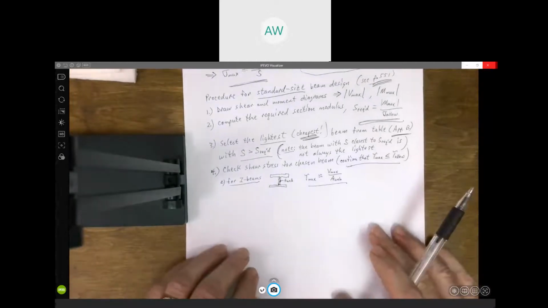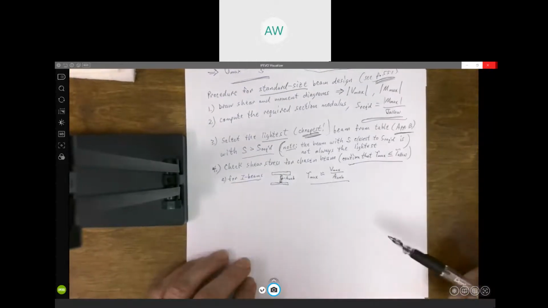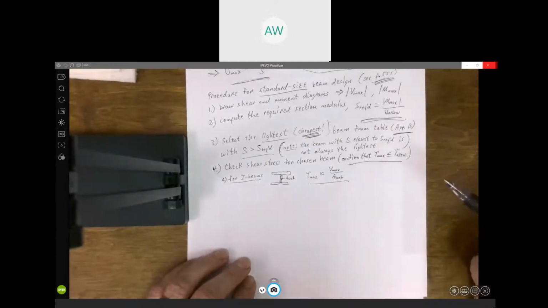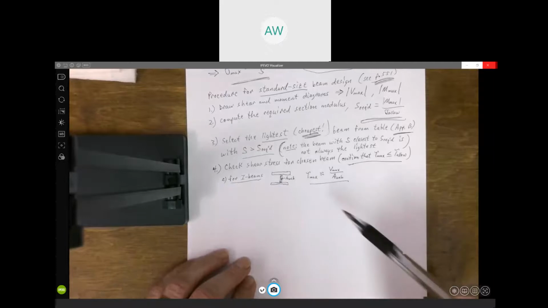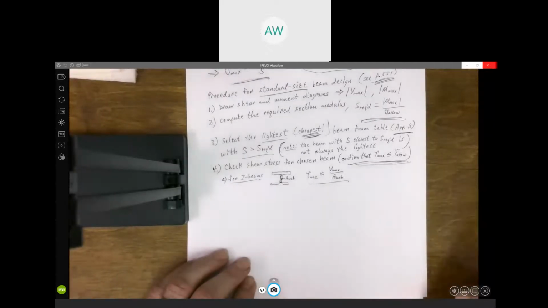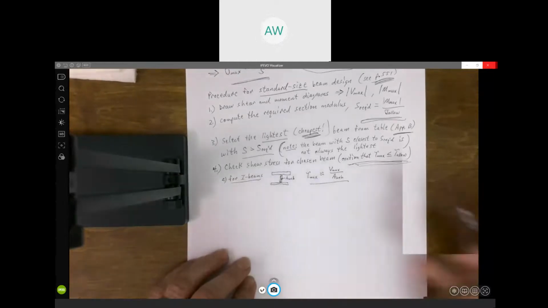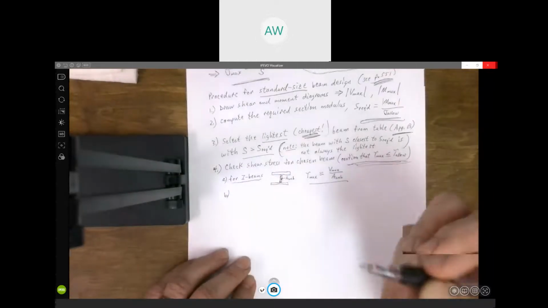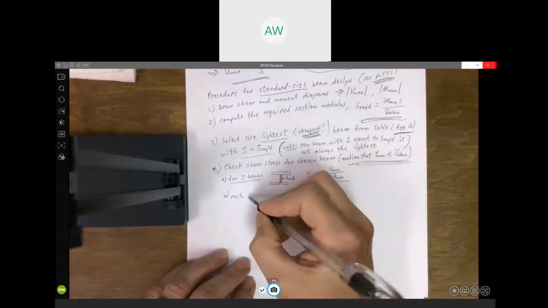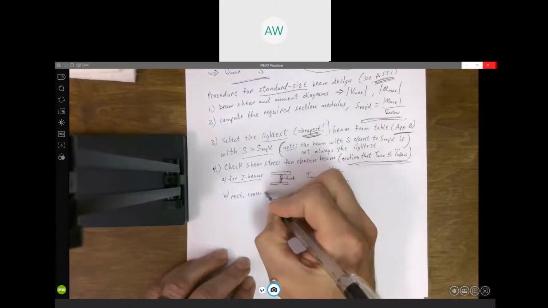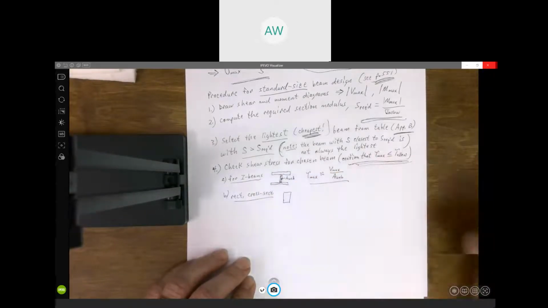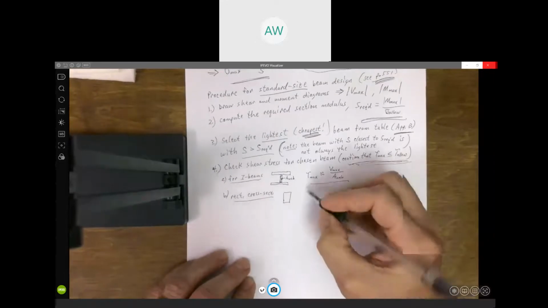You know, I told you on the test you took yesterday, if I asked for find tau max, you had to use VQ over IT. You couldn't use this, but here you can, because we're just confirming that this maximum is less than allowable. Now, if you've got a rectangular cross section, it's just a rectangle.